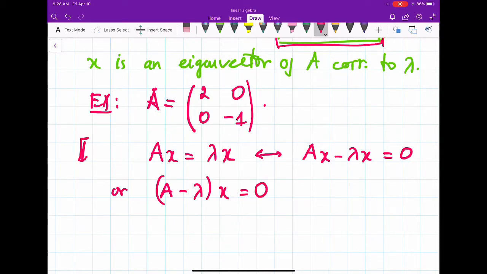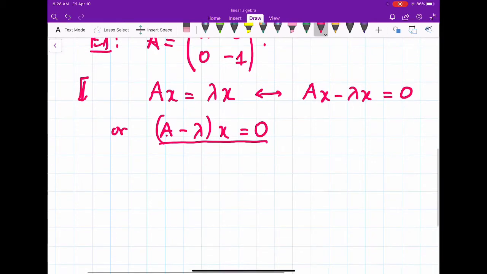So this system has a non-trivial solution because we suppose that x is non-zero. That makes sense?